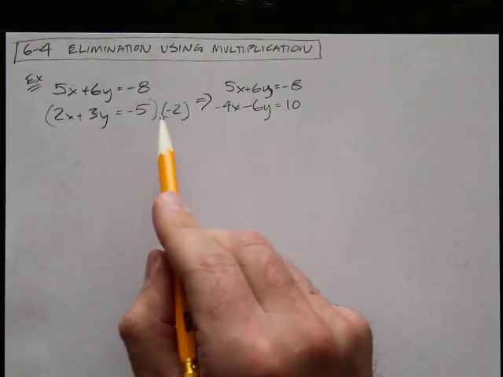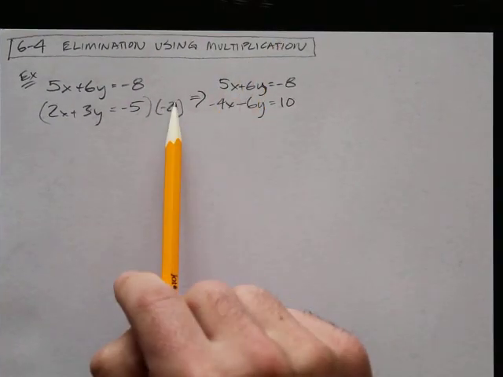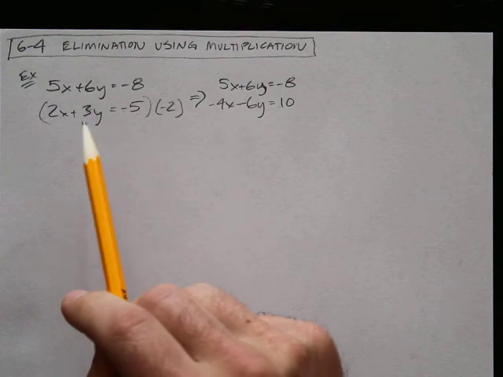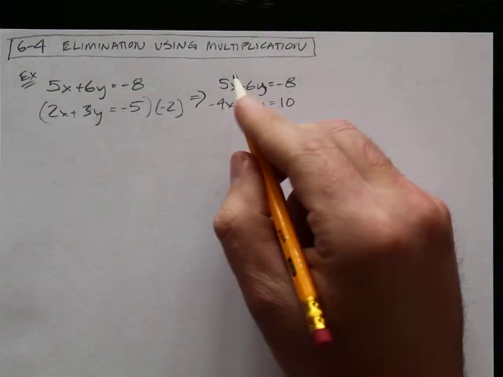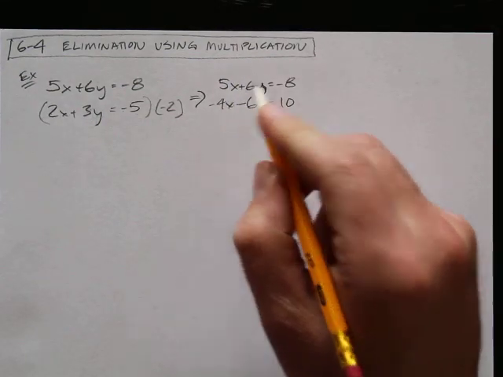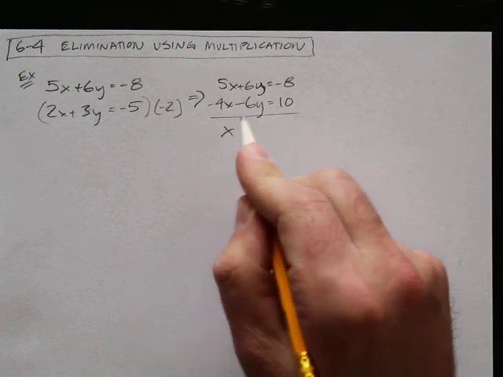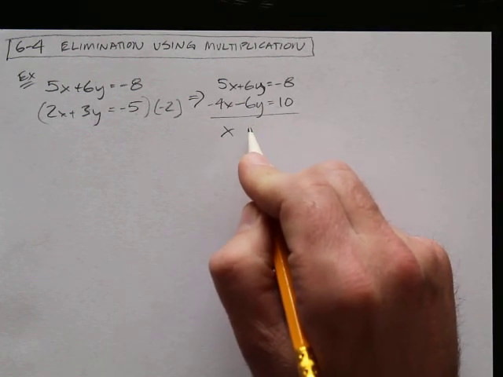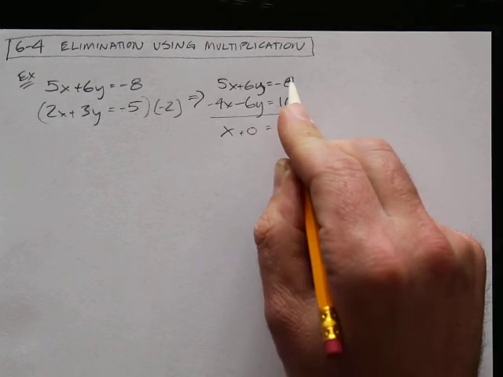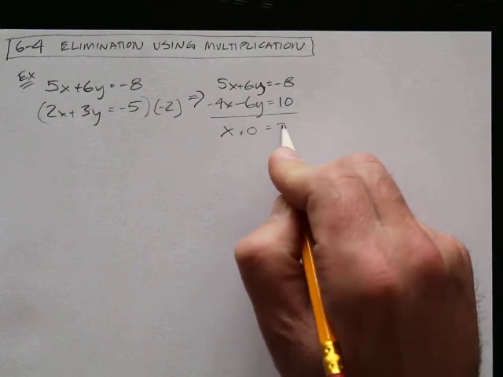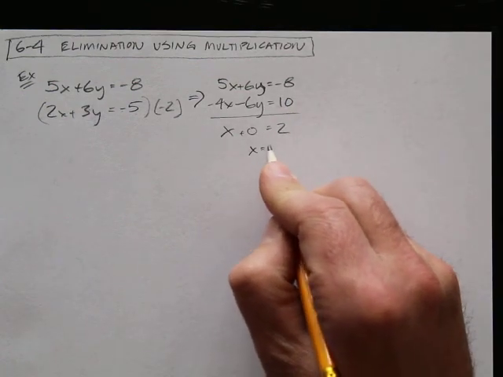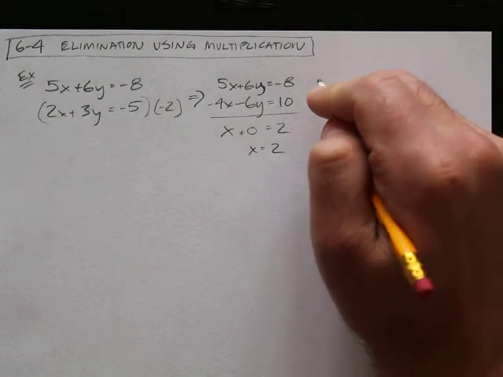So when you do this, be careful when you're multiplying by a negative. You've got to switch the signs and pay attention to that. All right, so 5x minus 4x is x. 6y minus 6y is 0. Equals -8 plus 10 is 2. So x equals 2.